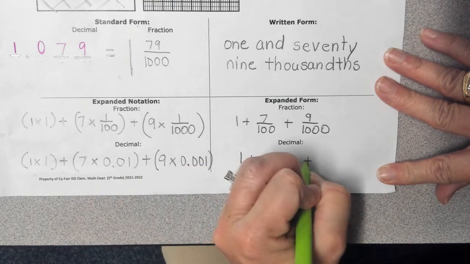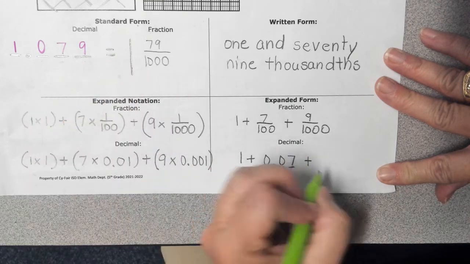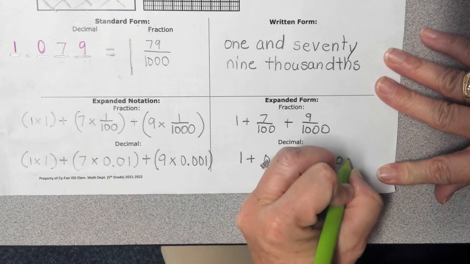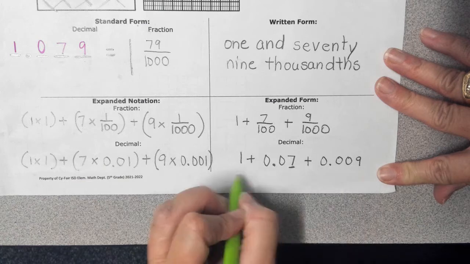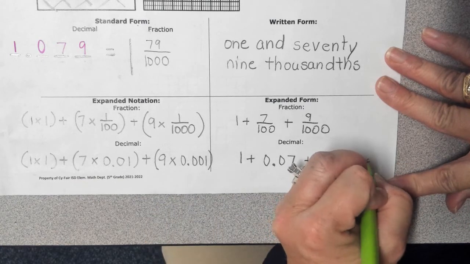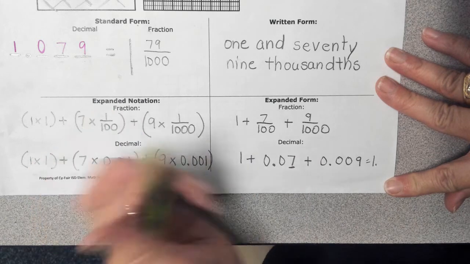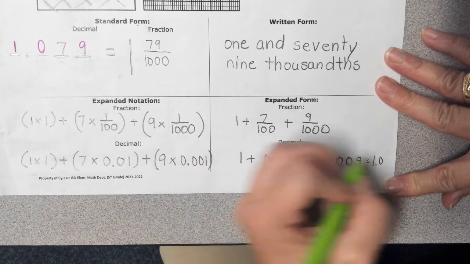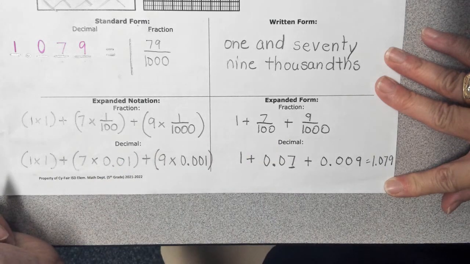And we're adding that to the number 9, which has a value of thousandths. So we're going to add that to 0.009. So if we were to put that together, we would get 1, and then we have our tenths place, which nothing is there. 7 is in the hundredths place, and 9 is in the thousandths place.